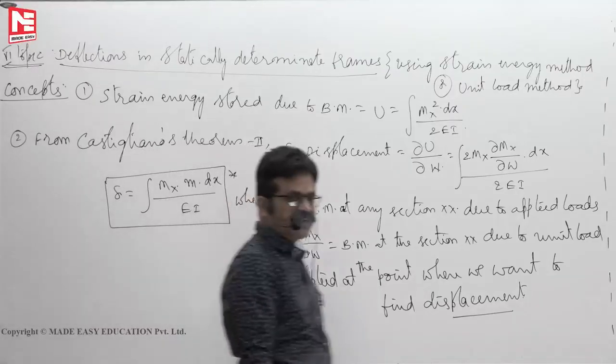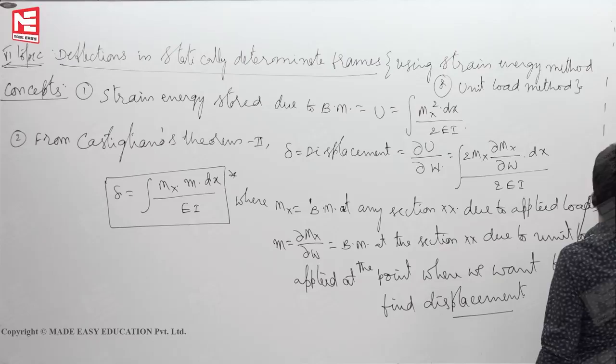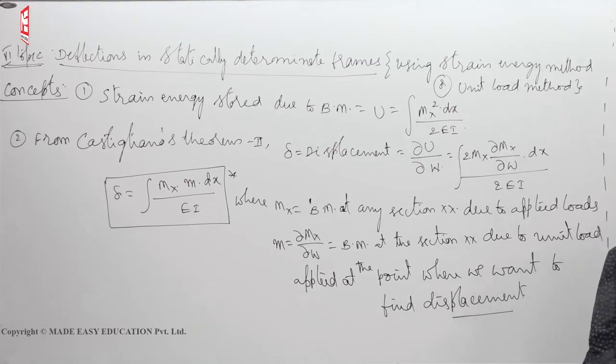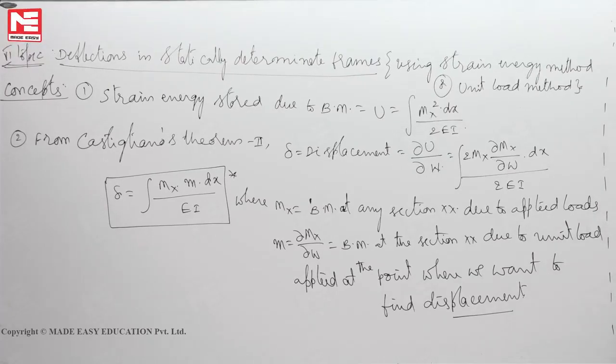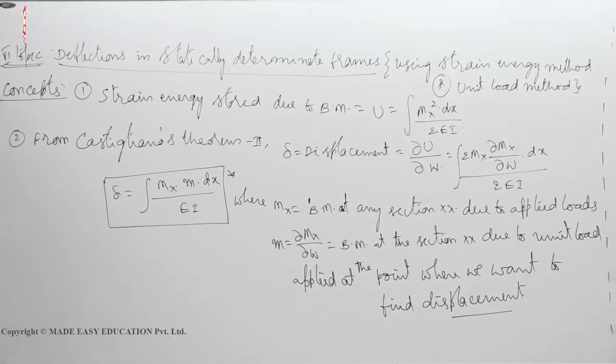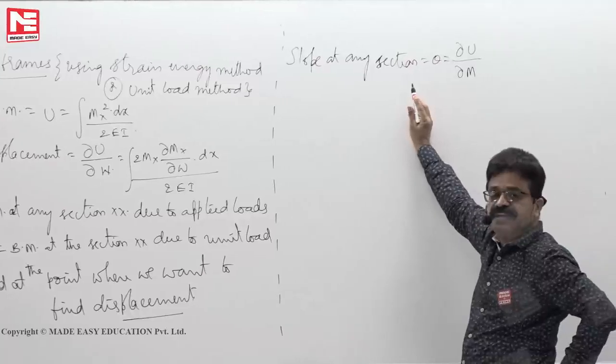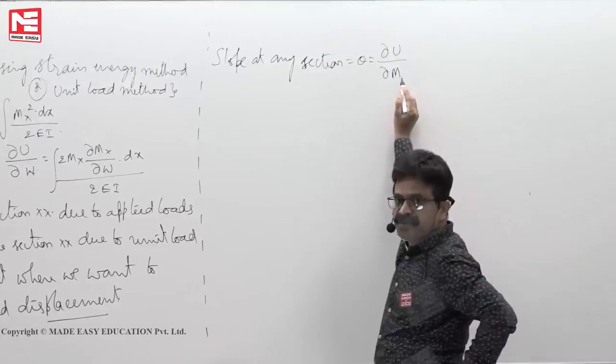Now if you want to find slope at any section, slope at any section is equal to theta. If you want to find it, first derivative of energy with this slope, which is angular displacement. When you are finding angular displacement, there must be angular force.